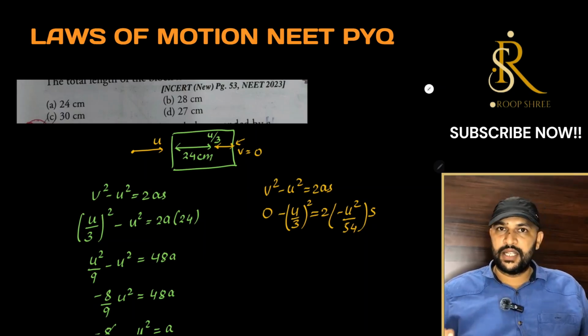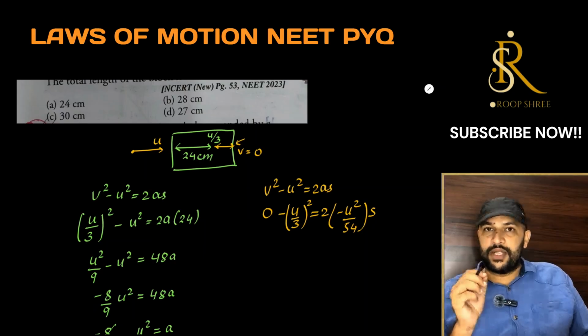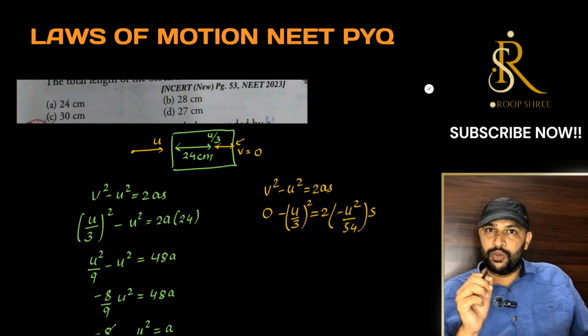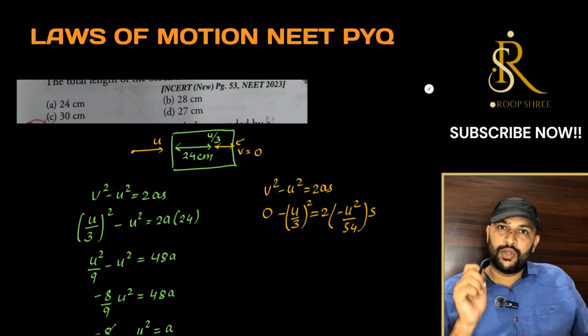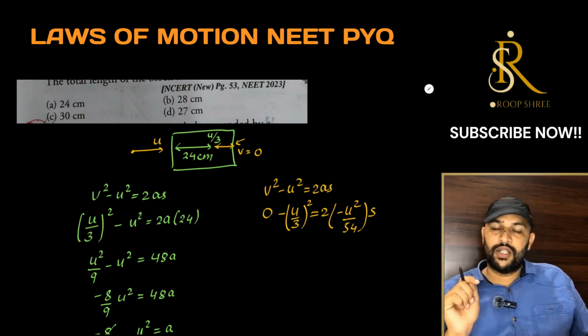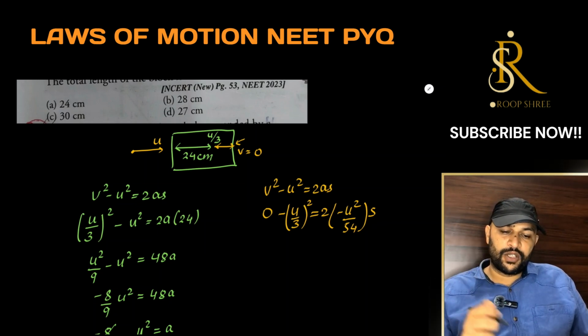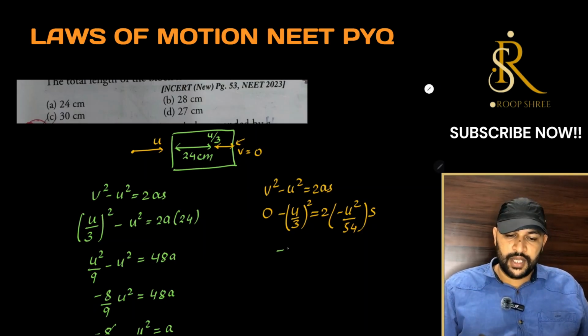Let me repeat again in case you are confused. The bullet is traveling with velocity u, entering the block. At the end of 24 centimeter, the velocity becomes u by 3. So for the remaining part of the journey, the initial velocity will be u by 3, and at the end of the block, the velocity becomes 0, right? Acceleration remains constant because a constant force is imparted.